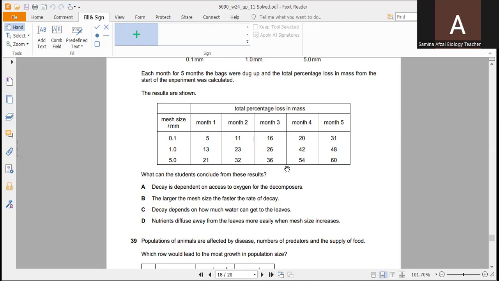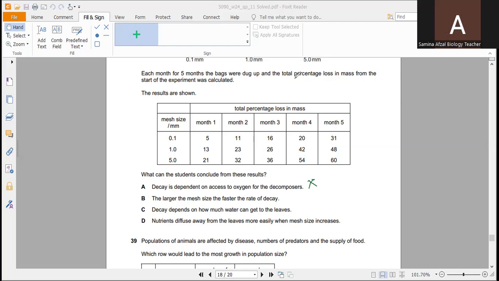Decay is dependent on access to oxygen for the decomposers that live in soil. So we cannot say that this is the reason for the increase in decomposition, because they are in the same conditions, so there should be the same type of loss in mass as the months pass.